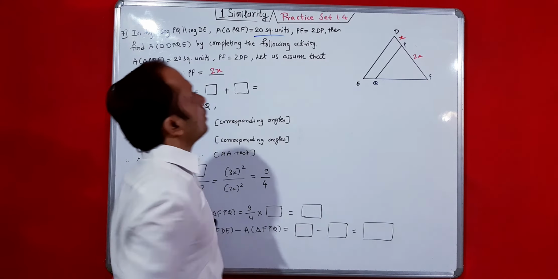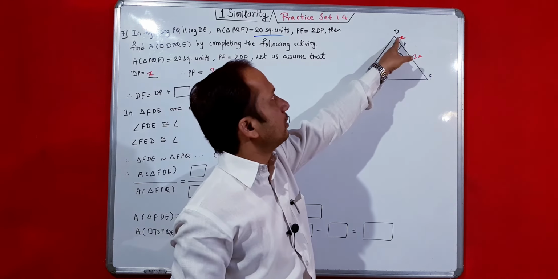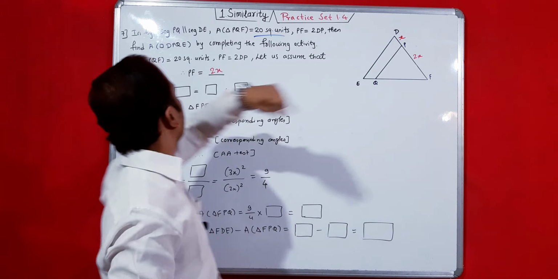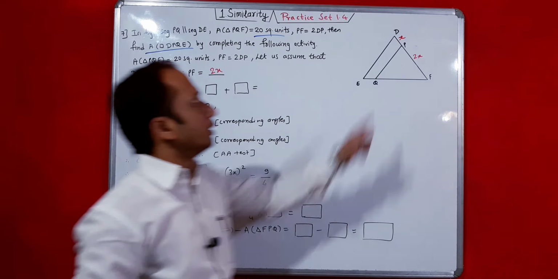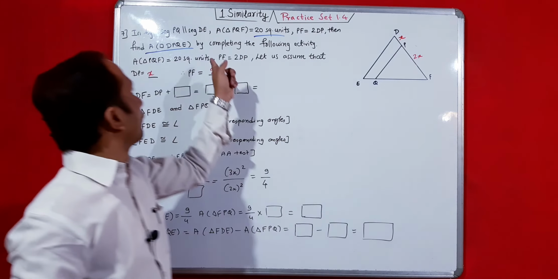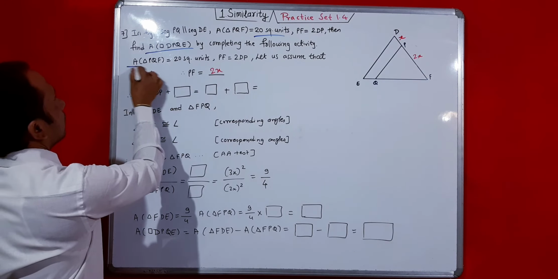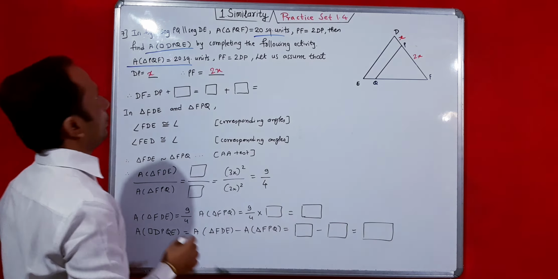Now PF is 2DP, which means this is single, this is double. PF is equal to 2DP. Then find the area of quadrilateral DPQE by completing the following activity. Area of triangle PQF is given 20 square units.